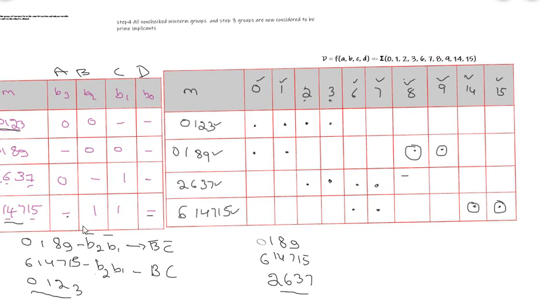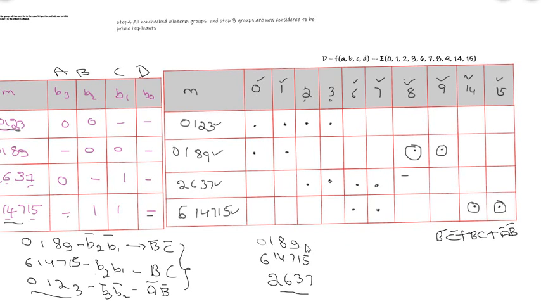Dash means ignore it, and B3, B2 are present, so we make B3 bar and B2 bar. In ABCD, B3 bar is A bar and B2 bar is B bar. So from this we get B bar C bar plus BC plus A bar B bar. This is one equation.